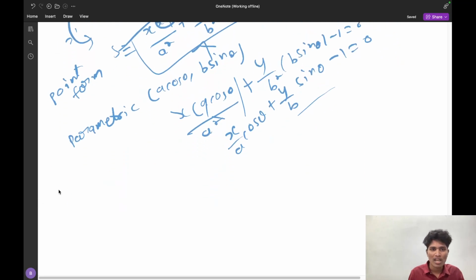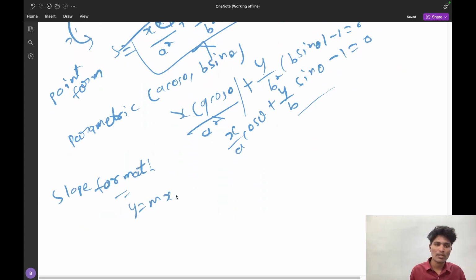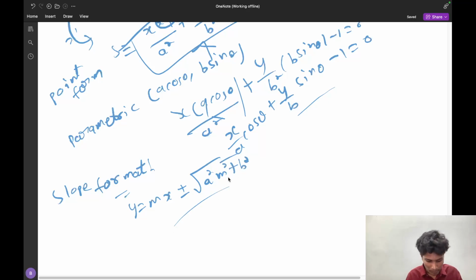Now slope form. I already discussed the slope form. What is the slope form equation? y is equal to mx plus or minus root of a square m square plus b square. This is the slope form answer. And what is the point of contact here?